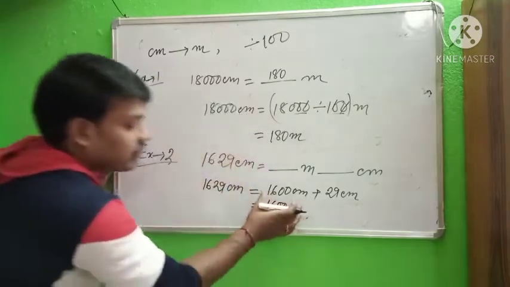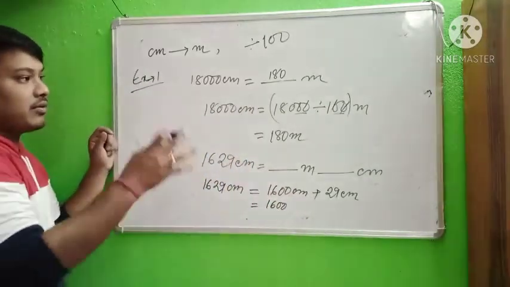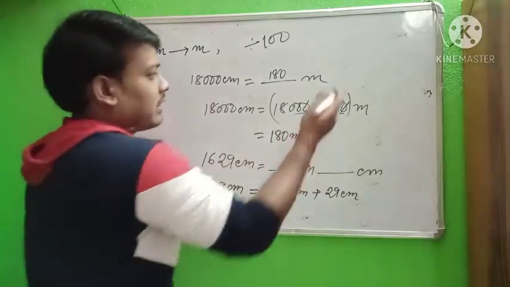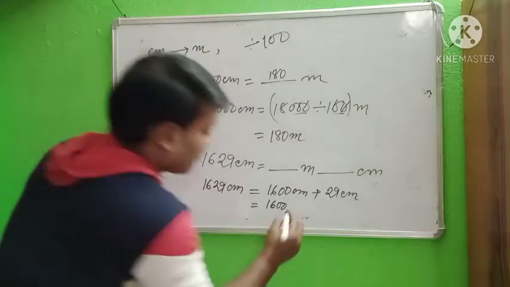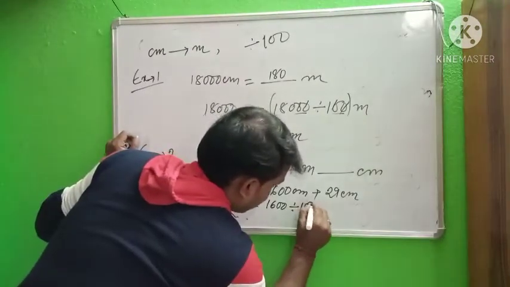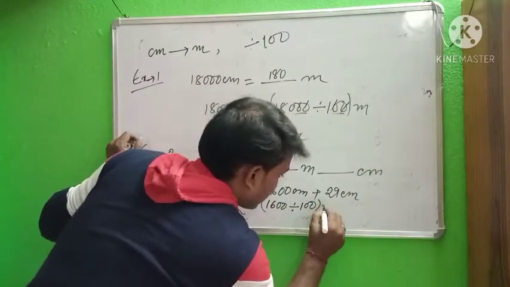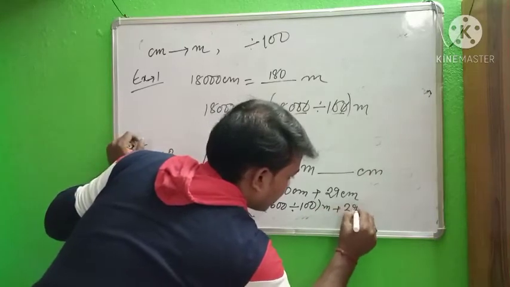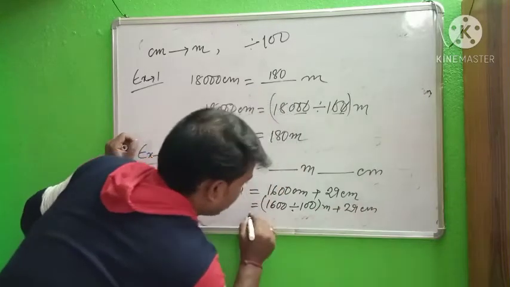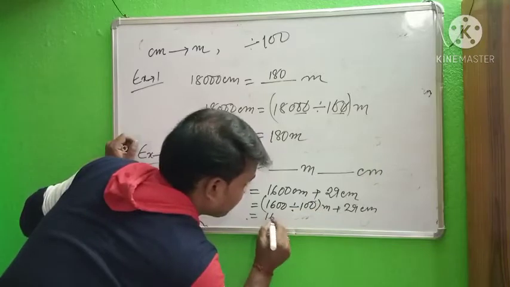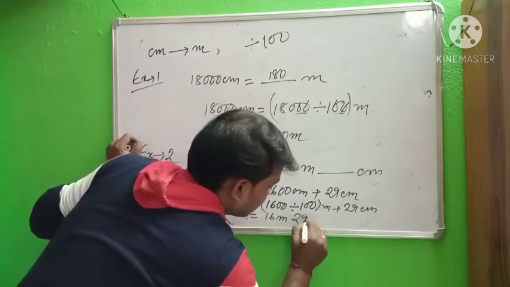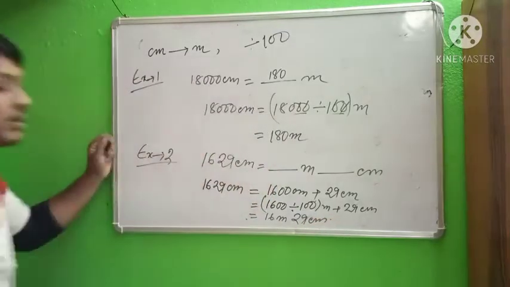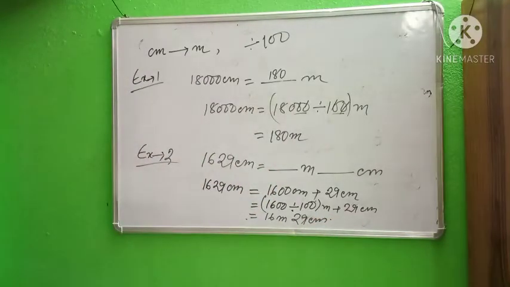We can convert because it is more than 100, and we convert centimeter only when the value is more than 100. Divided by 100 gives meter, plus 29 centimeter. So it becomes 16 meter plus 29 centimeter. That means 16 meter 29 centimeter. Okay, very easy.